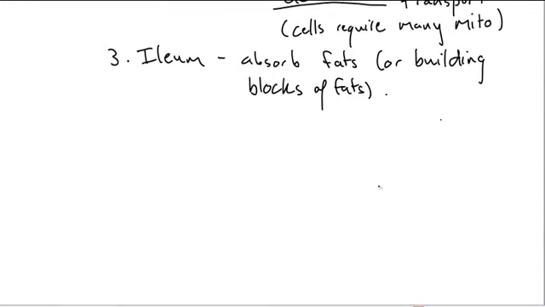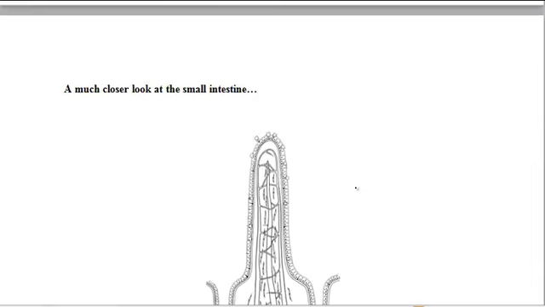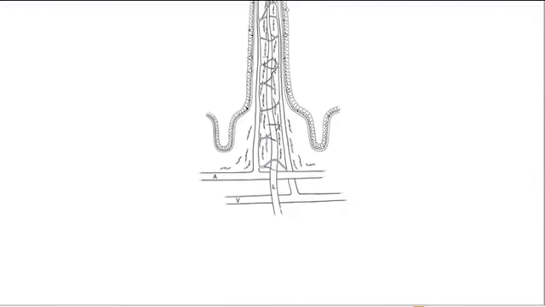Okay, so if we take a closer look at the small intestine, and if your notes went down into this section a bit, that would have been okay. We're just going to zoom in on the small intestine, and what we're going to look at is these little projections here.